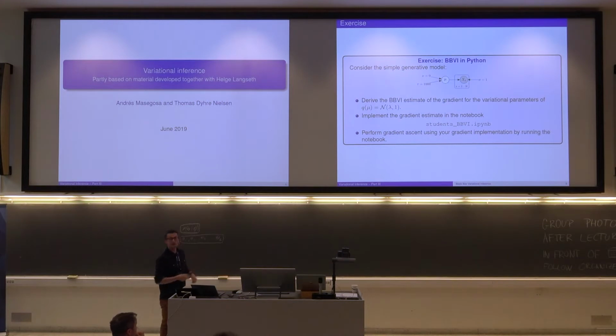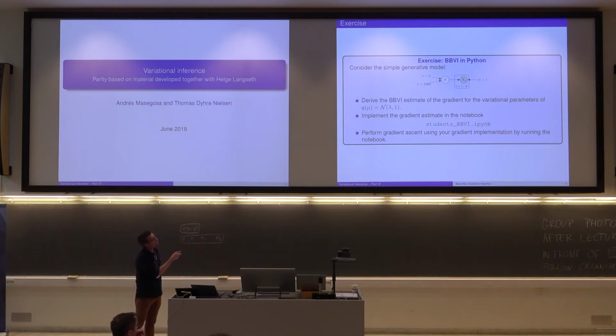We want to calculate a variational approximation for that using black box variational inference. And we are going to simplify quite a lot. So we assume that our variational approximation is a normal distribution with only one parameter, its mean. Its standard deviation is fixed at 1. So this is our variational parameter.